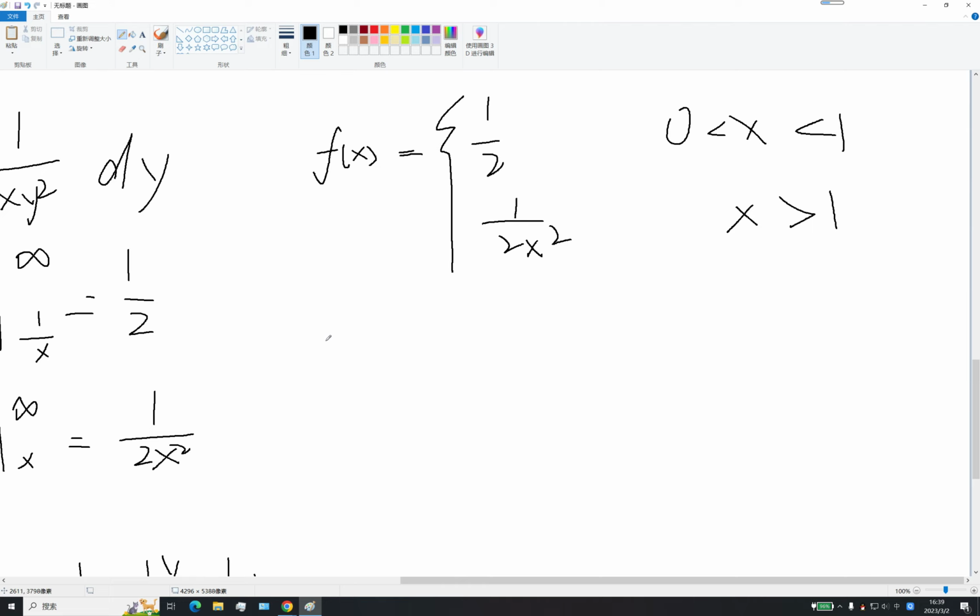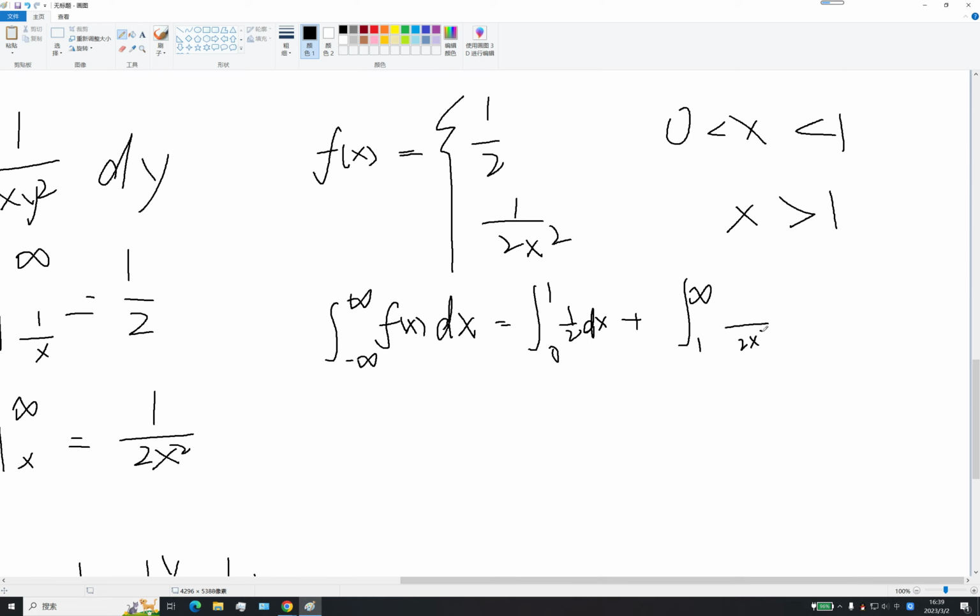We calculate the integral from minus infinity to infinity of f_X dx, which equals the integral from 0 to 1 of 1 over 2 dx plus the integral from 1 to infinity of 1 over 2x squared dx.